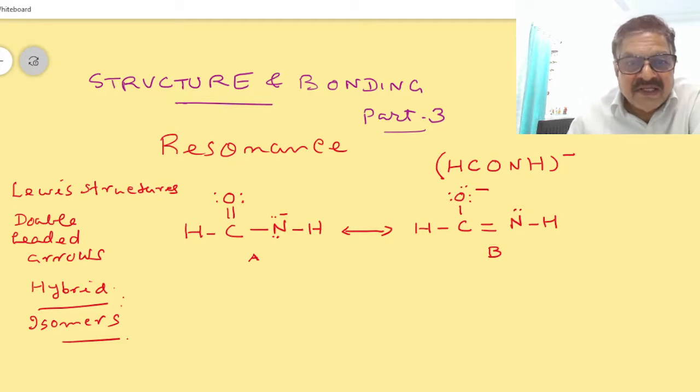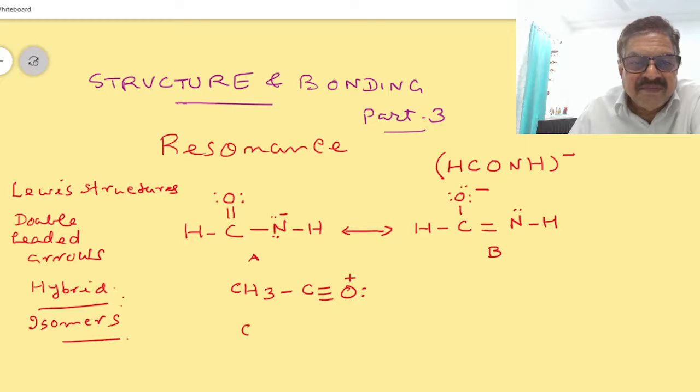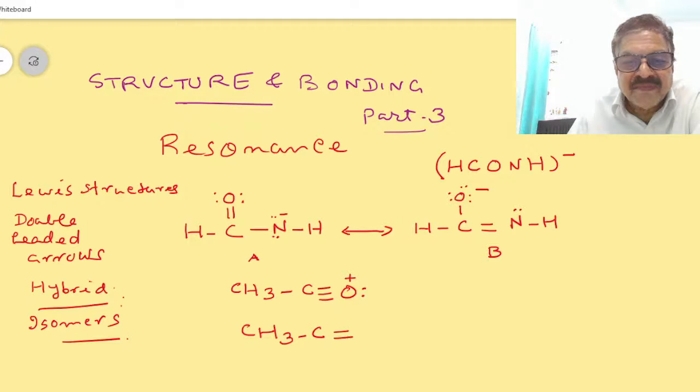Say, if you take these two things, one structure of this kind and another structure of this kind, there is a positive charge here.